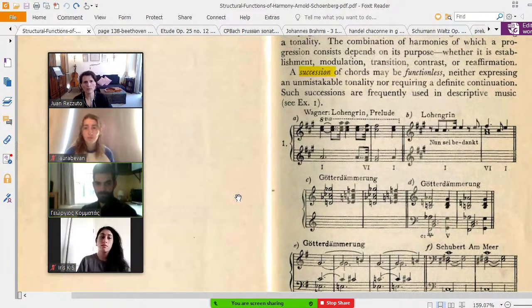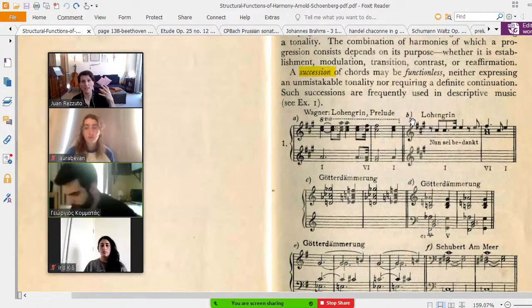So the succession of chords may be functionless, not expressing an unmistakable tonality, nor requiring a definite continuation. Because we said 1-5-1, the definite continuation, if you want to reaffirm, remember what the dominant means and what the dominant is going to: the tonic.